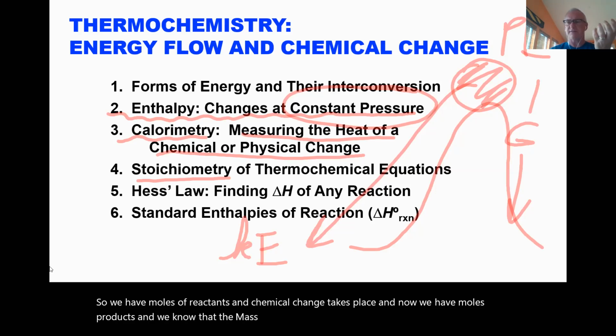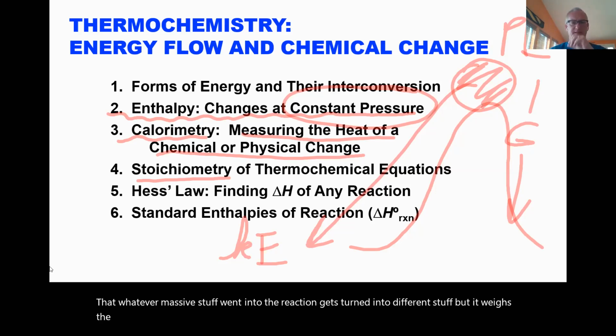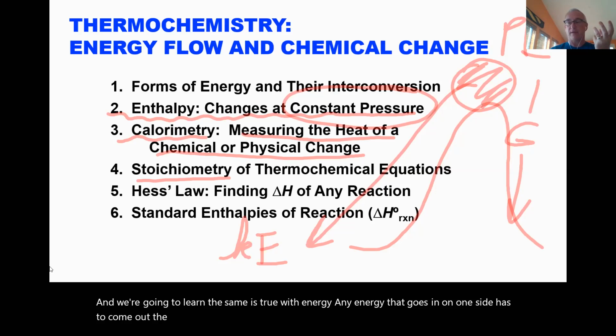Whatever mass of stuff went into the reaction gets turned into different stuff, but it weighs the same. And we're going to learn the same is true with energy. Any energy that goes in on one side has to come out the other. So when we balance equations, we have to balance their energies as well. And we can just add them up, which is kind of nice.